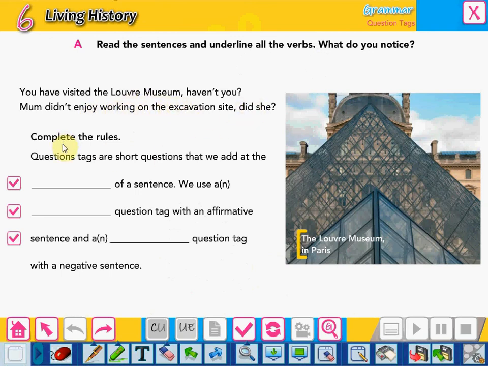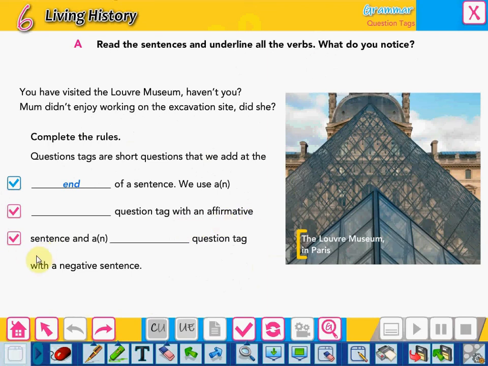Mom didn't enjoy working on the excavation site, did she? Now, complete the rules. Question tags are short questions that we add at the of the sentence. Which part of the sentence do you think? At the end of the sentence. We use a space, we have space here, question tag with an affirmative sentence.